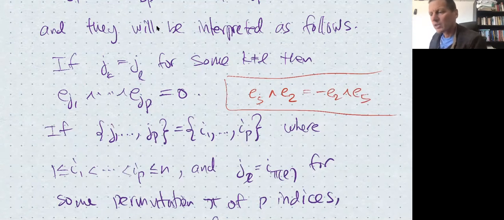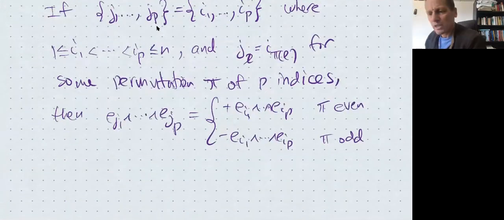And you can continue performing these kinds of operations so that whenever you have an expression of this type, you can change it into an expression of this type by some number of transpositions, and the sign will change some number of times. The number of times is the parity of the permutation.